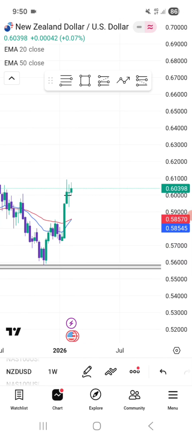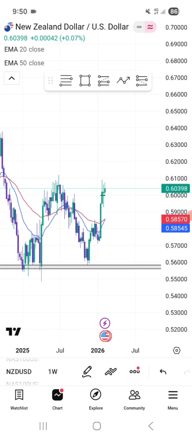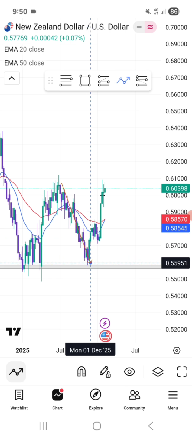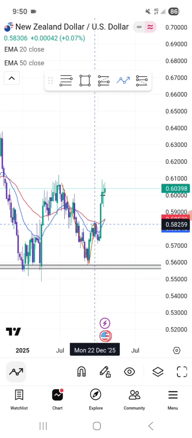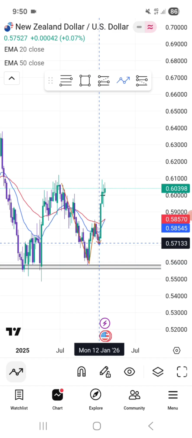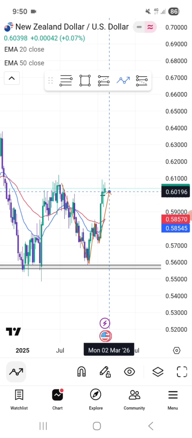Price, as we can see here, was trending straight downwards, hit this major level of support, and started to push back up, and we have a little pullback in the weekly time frame, and then price started to push back up again.